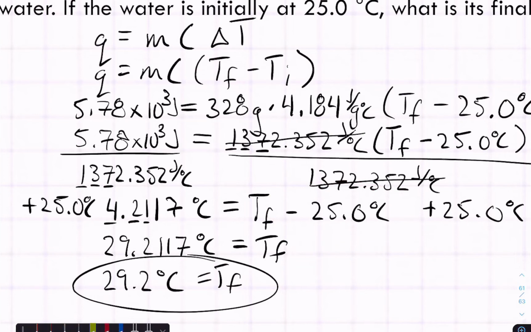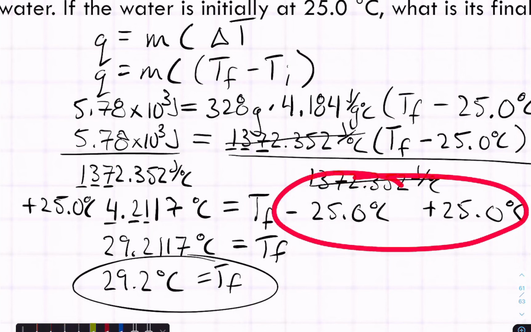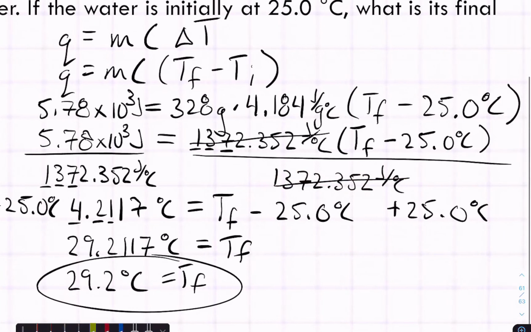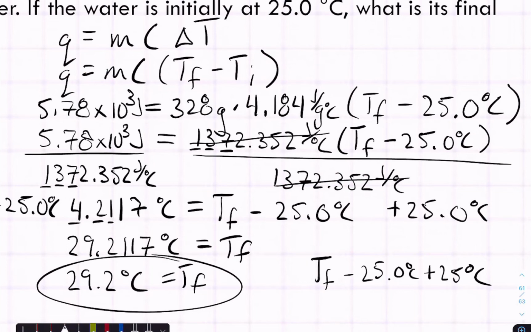I'm zeroing it out, yeah. So if I add it to both sides, this would become 0. Like if I rewrote this as T final minus 25.0 degrees C plus 25 degrees, or 0.0, right? That adds up to 0. So you would just have TF.